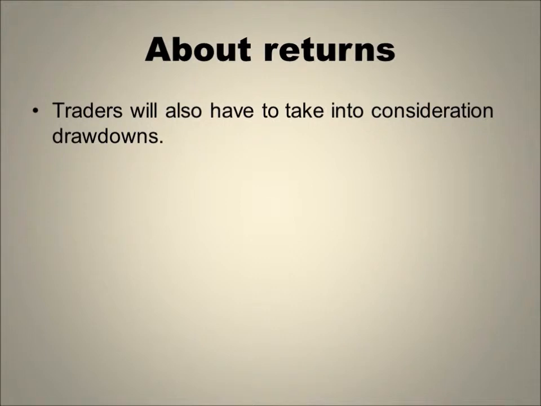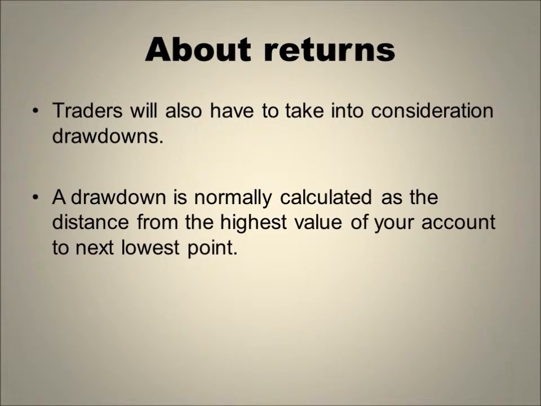Traders will also have to take into consideration drawdowns, meaning there will be those periods of time when you will have losing trade after losing trade after losing trade. You'll have winning streaks and you'll have losing streaks. Just like in sports, just like betting in a casino, winning streaks and losing streaks are all part of the Forex market.